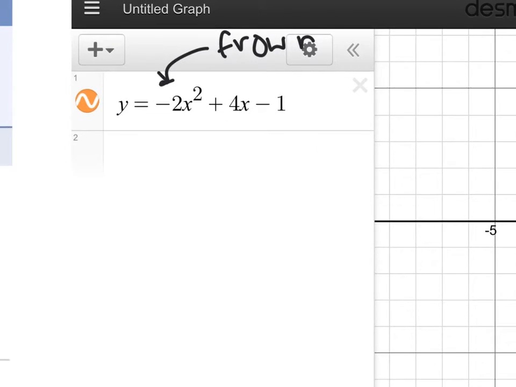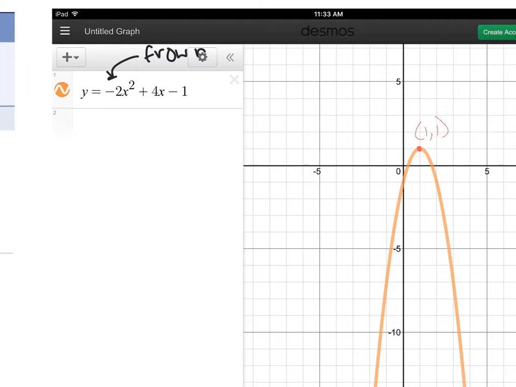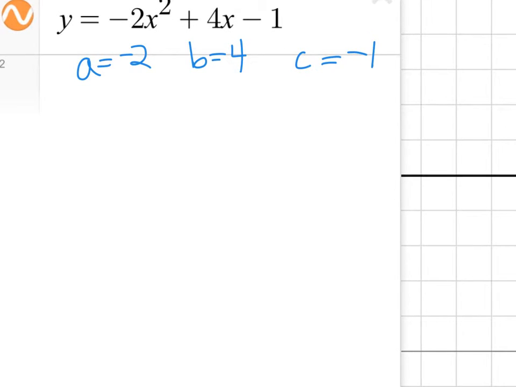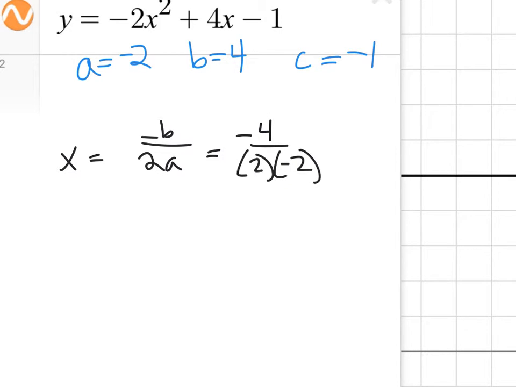But if we wanted to do the math to be sure that our vertex is 1, 1, first off, we have to identify our A, B, and C. So we can see that A is -2, B is +4, and C is -1.